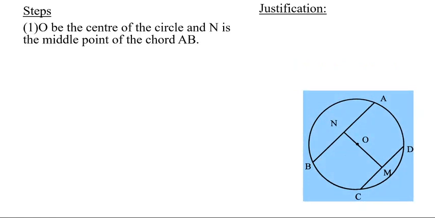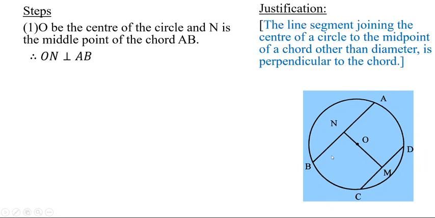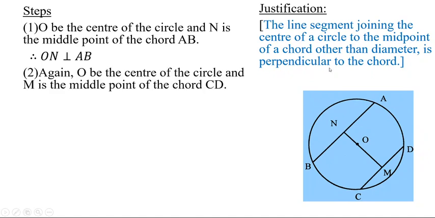First step. O is the center of the circle and N is the middle point of the chord AB. Therefore, ON is perpendicular to AB. Justification is the line segment joining the center of the circle to the midpoint of the chord, other than the diameter, is perpendicular to the chord. Step 2, again, O is the center of the circle and M is the middle point of the chord CD.